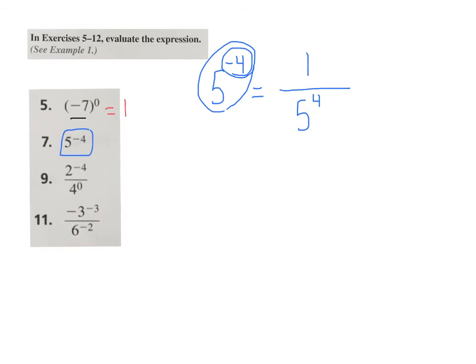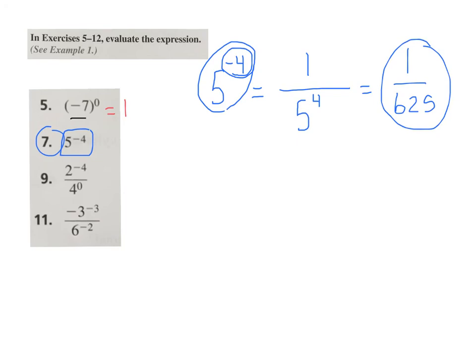Now understand that the reason why the exponent went from being negative to positive was because I moved the whole thing from the top to the bottom. And so now we need to evaluate what 5 to the 4th is, so we'll just type that in our calculator. So 5 raised to the 4th power is 625, and so my answer is 1 over 625. And so that's the answer to number 7.